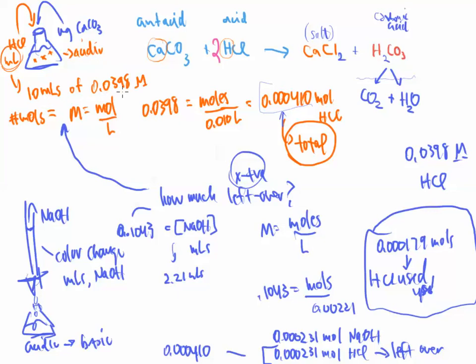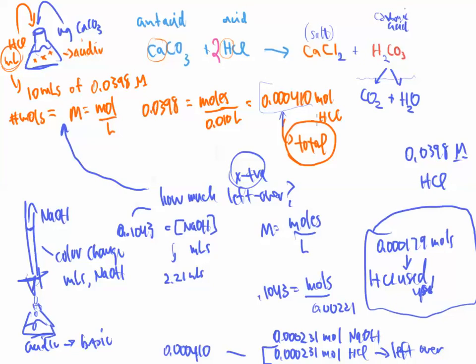I know the concentration of that acid. I standardized it from a previous run. So if I know the molarity and I know the volume, I can plug that into the molarity equation, and I can solve for the number of moles of hydrochloric acid. This is how many total moles of HCl I added into that flask, period.